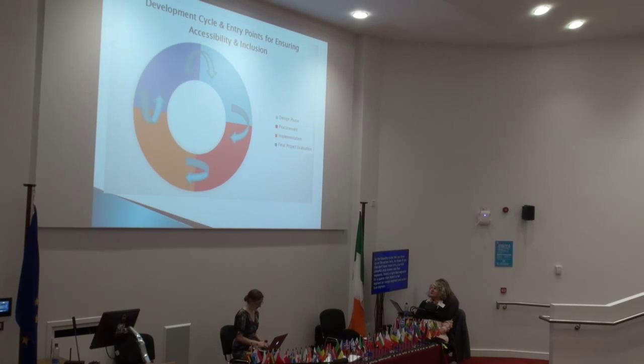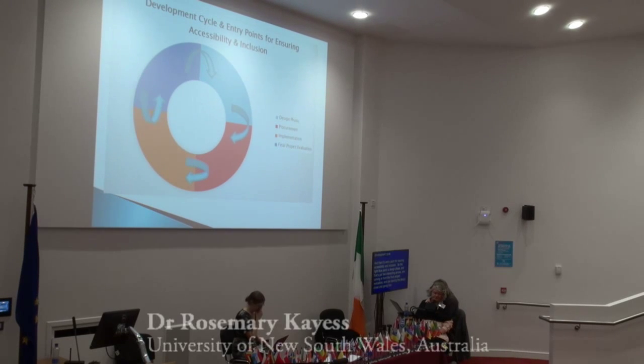What the circle is representing is what's called a development cycle, and its entry points for ensuring accessibility and inclusion. The light blue point is the design phase, and that's got two interacting arrows, one coming in from the final project evaluation and one leaving the design phase and going into procurement.